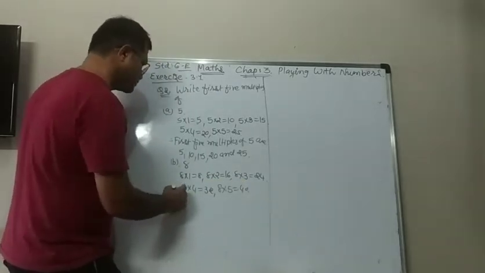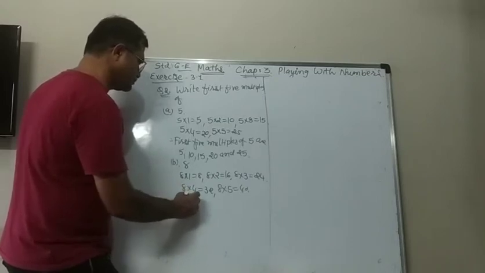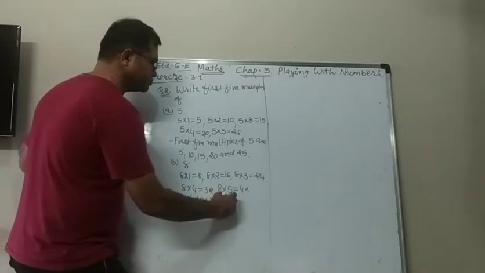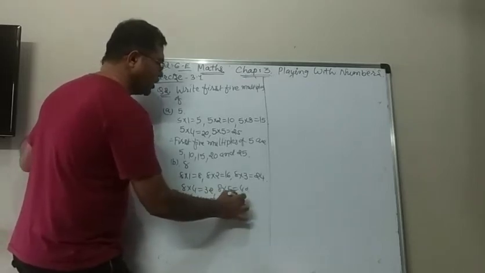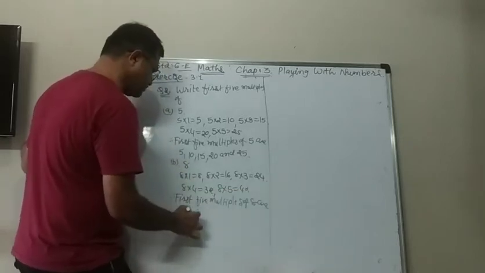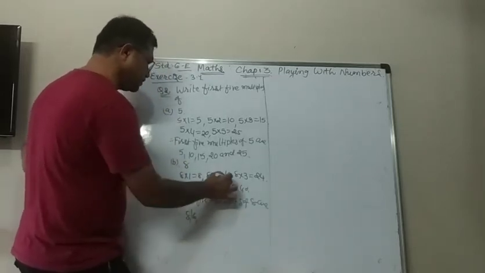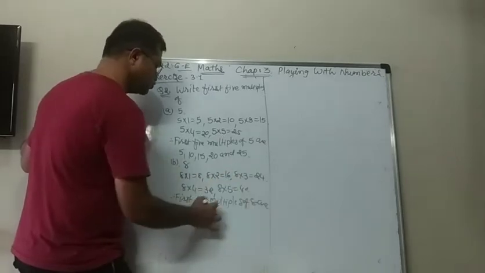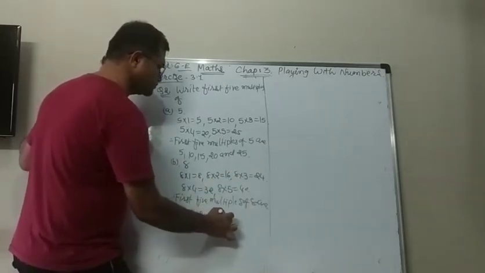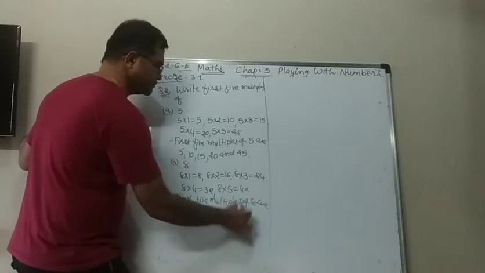Therefore, first 5 multiples of 8 are 8 itself, 16, 24, 32 and 40.